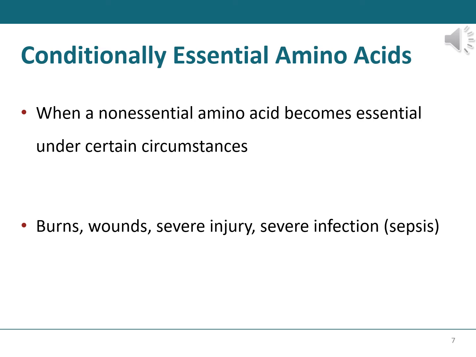On that last slide, of the 11 non-essential amino acids, there were 3 conditionally essential amino acids, which means that our body requires external ingestion of these in very severe circumstances. So we need these conditionally essential amino acids in the case of severe burns, wounds, major injury, or an infection.